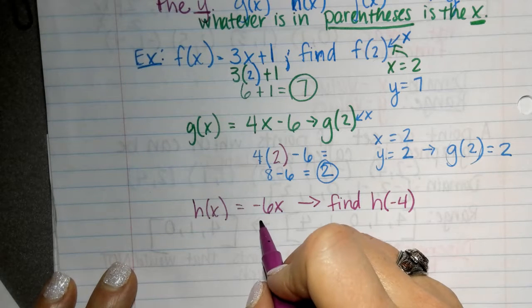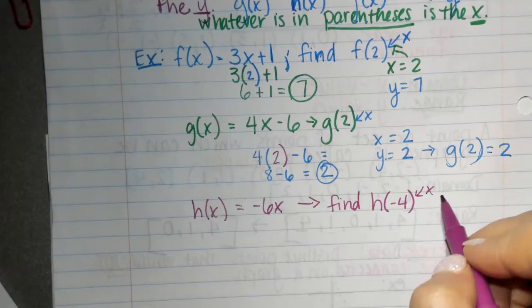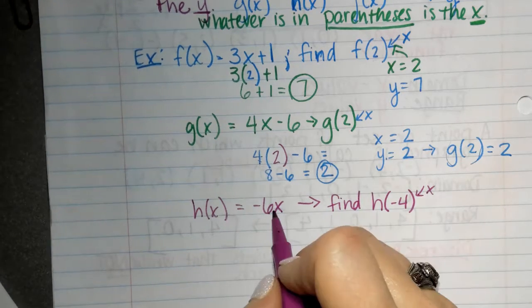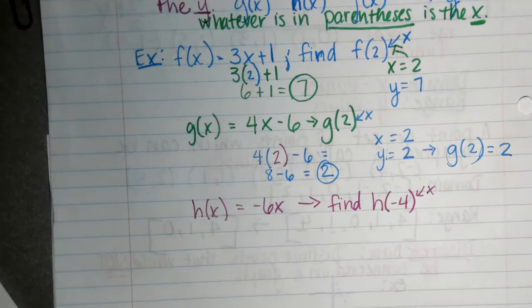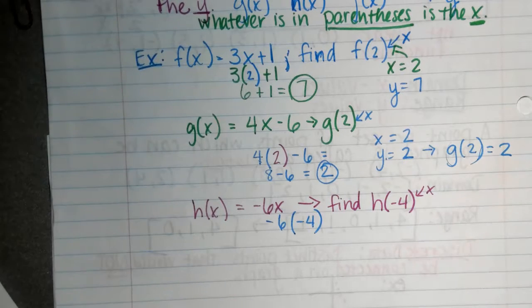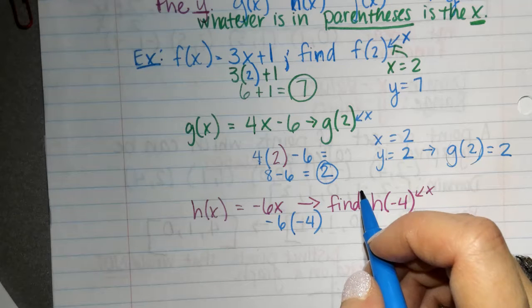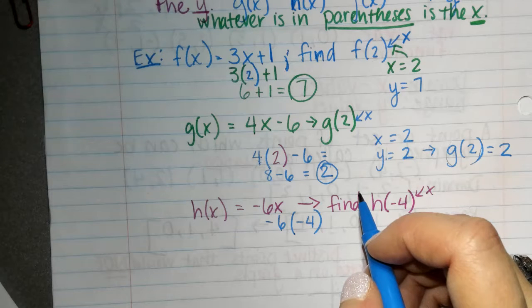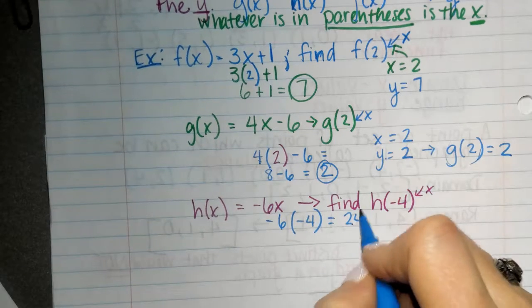So h of negative 4, this is your x, remember? So everywhere you see an x in your equation, you're going to put a negative 4. You're going to plug that in. So negative 6 times negative 4 equals a positive 24.